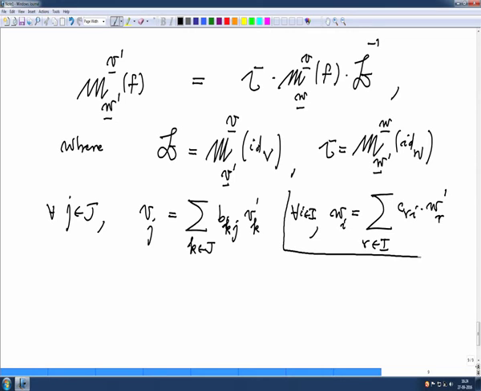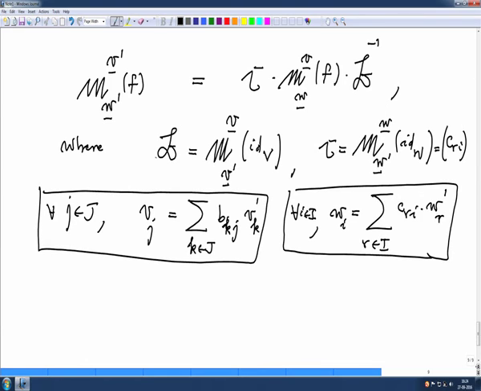This is the equation which will tell you this matrix is C_{R I}, and these equations will tell you this matrix is B_{K J}, and we want to check this.